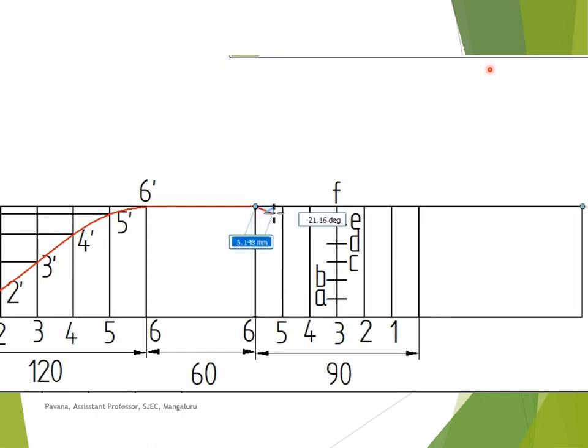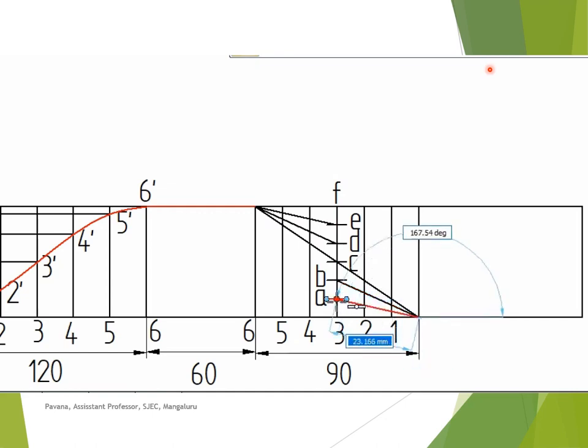So whichever point, the starting point or end point, is nearest to these 3 points, join those 3 points to the starting and end point. First three will be joined to the end point, last three will be joined to the starting point. So like this, first point to ABC, last 3 points to DEF, in this way.